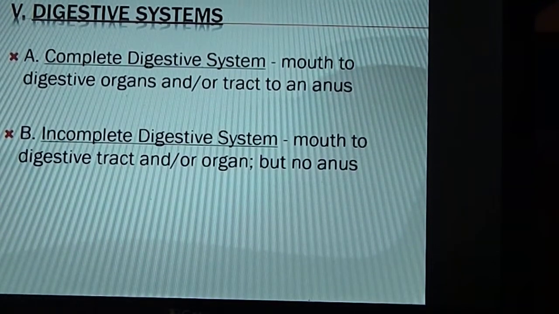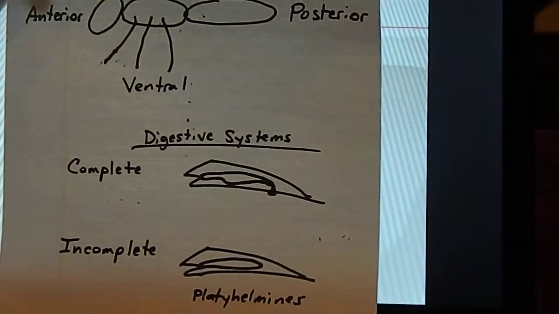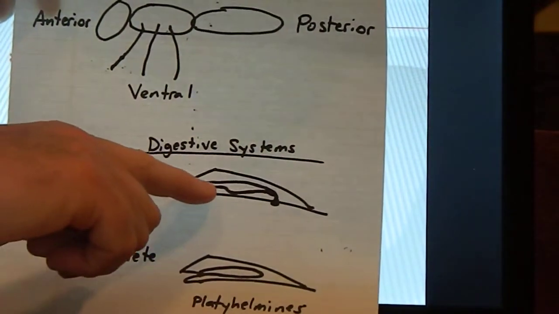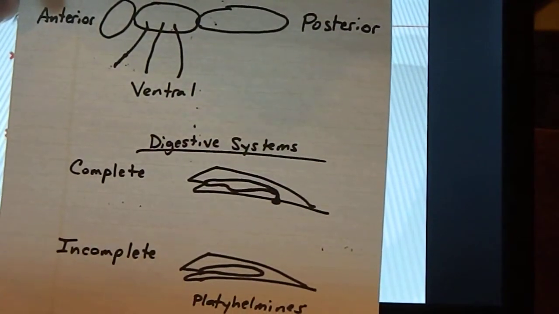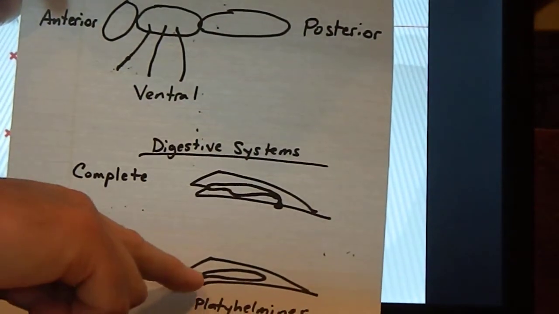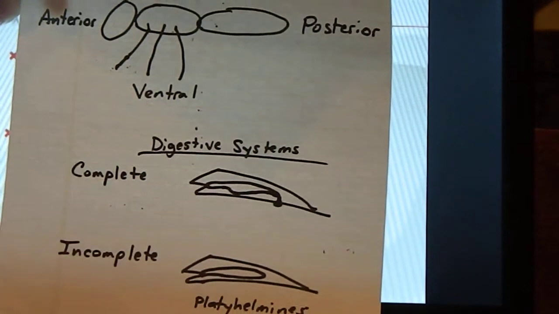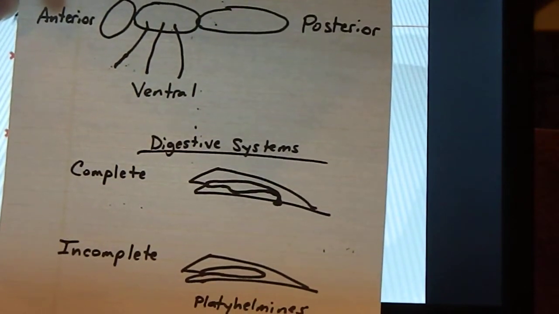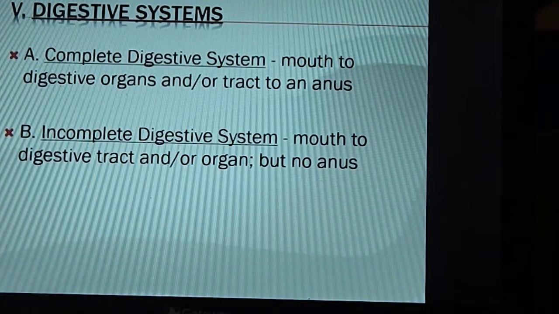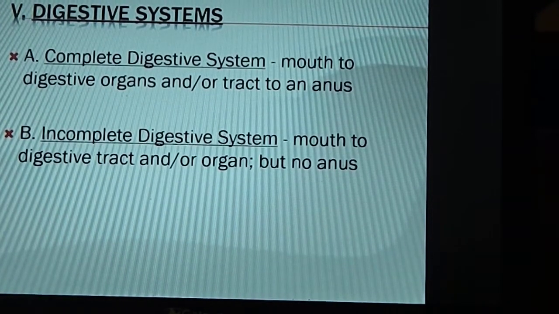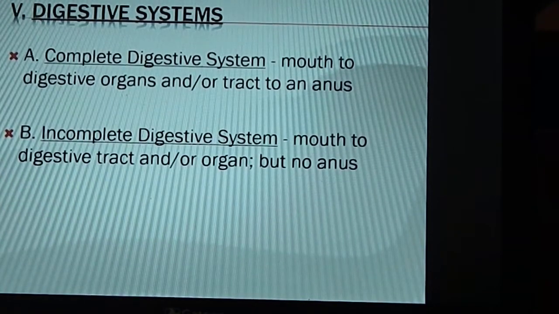So in that drawing that I had before, you can see this animal has a mouth, digestive tract, and an anus, and that would be complete. But incomplete would have a mouth and a digestive tract and no anus. And so the waste just is released from the body where the food came in originally. So they don't have an anus, so they have to release it back out of their mouth.